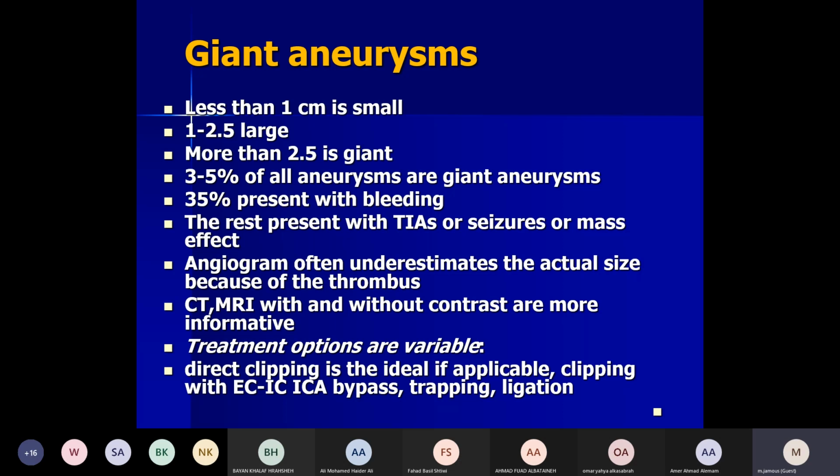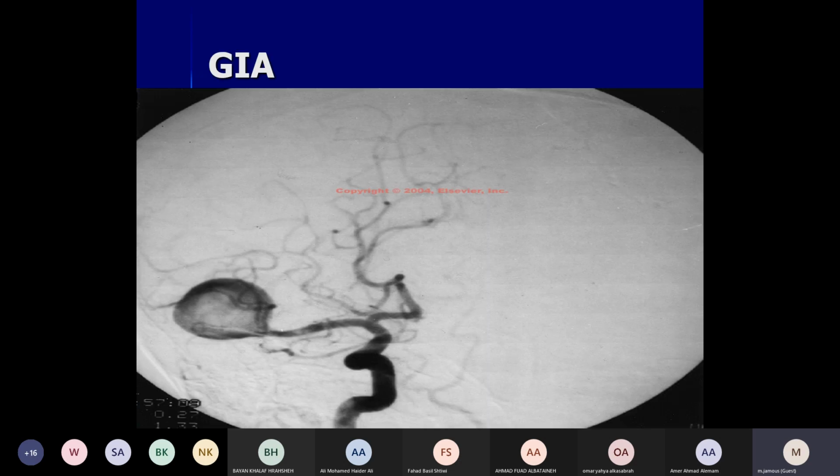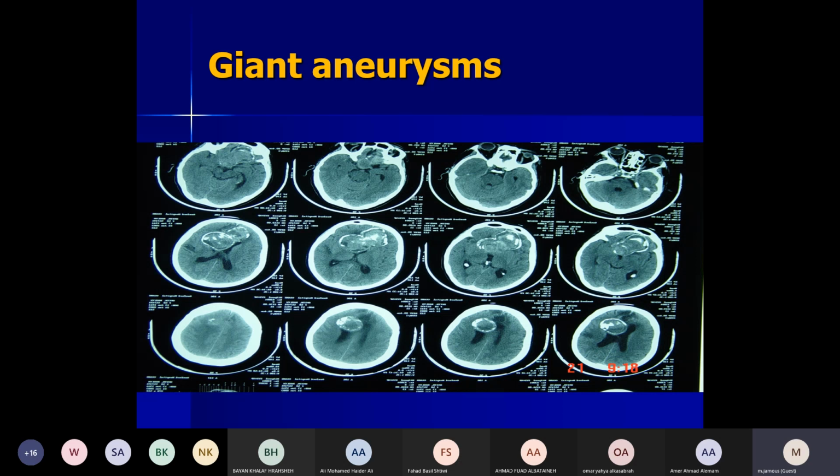The treatment options are the same for aneurysm, which is surgical clipping or coiling, but here we prefer to do surgery because we need to remove the mass effect of the aneurysm, since these are large aneurysms. You can see this giant aneurysm of the middle cerebral artery. On the CT scan, you see this rounded mass lesion, sometimes multilobulated, partially thrombosed, partially calcified.